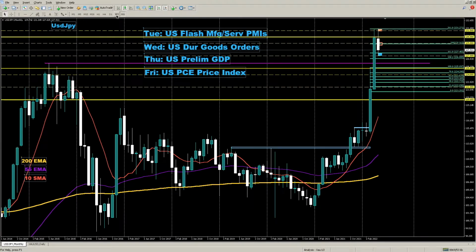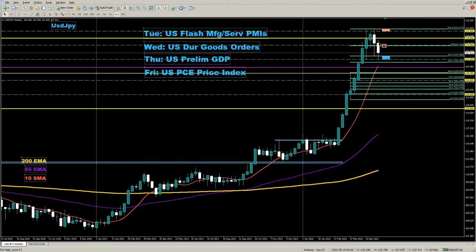Let's take a look at the weekly time frame, and it has 2 bearish weeks now after hitting the 131 as a double top here. So we'll see if there's going to be one more move lower into this previous swing high, and let's see whether it's able to find some support.